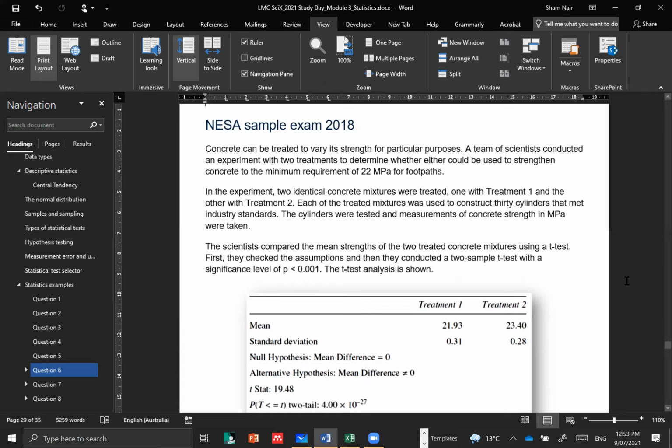We're told that they want to use this concrete formulation. The minimum strength is 22 megapascals. They've got two treatments: one set was given treatment 1, the other set treatment 2.